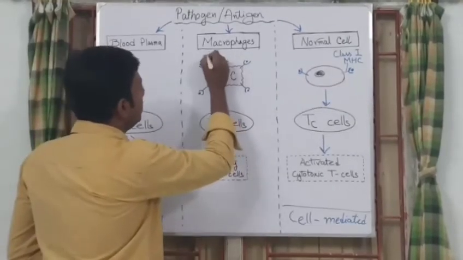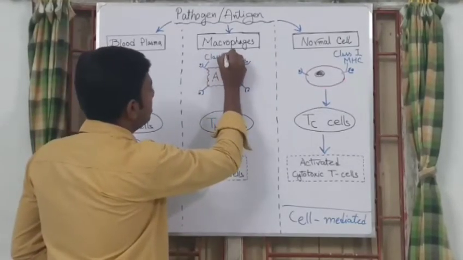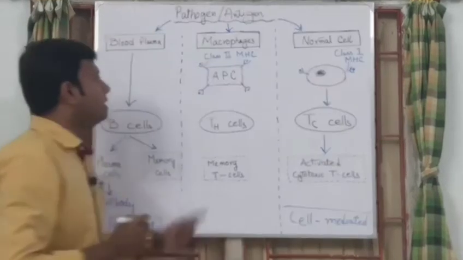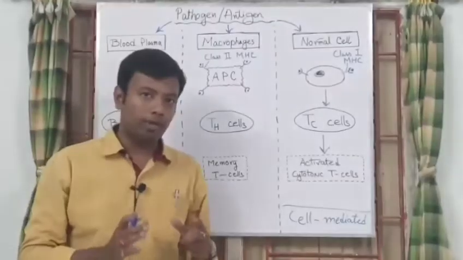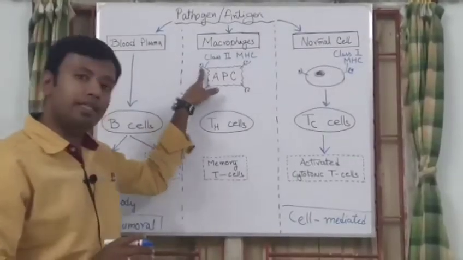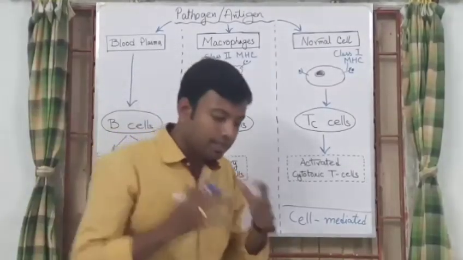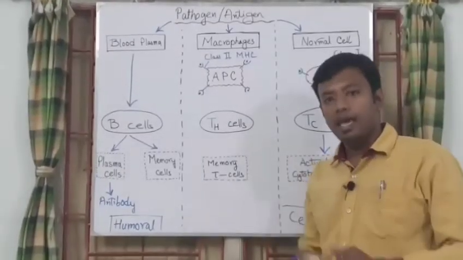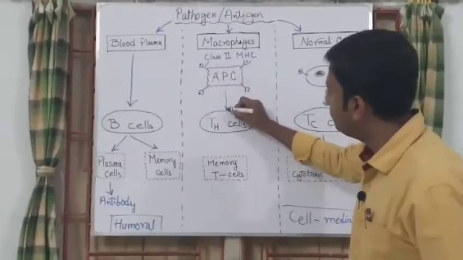This receptor is known as class 2 MHC molecule. This class 2 MHC molecule receptor and the antigen bound with it then can stimulate the activation of another group of T cell, that is Th cell or helper T cell.